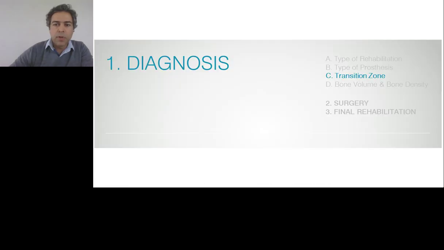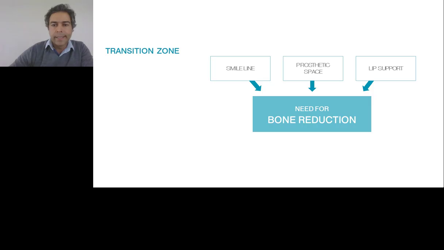Another important topic for diagnosis is to detect whether or not we need to perform a bone reduction. There are three factors mostly that can help us define if we need bone reduction: the smile line, the prosthetic space, or the lip support.